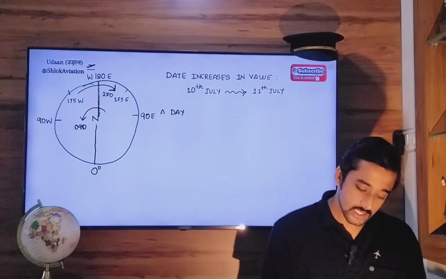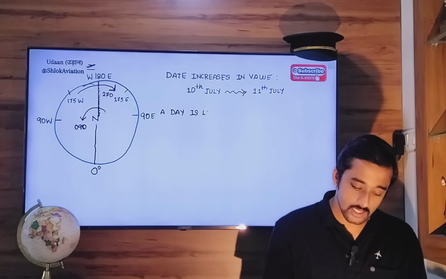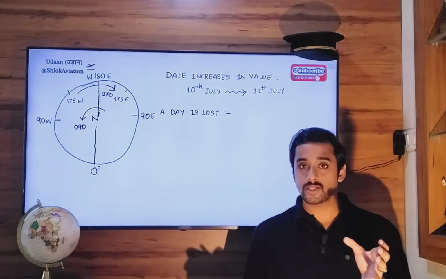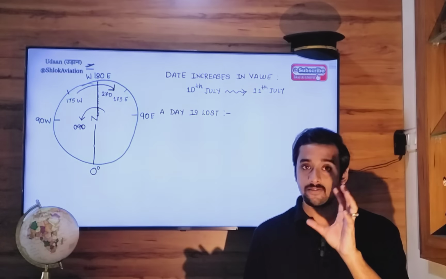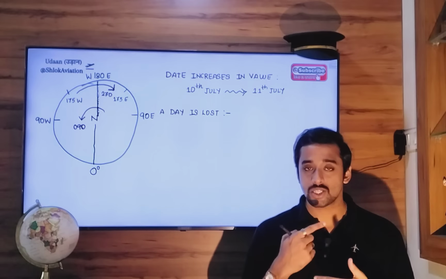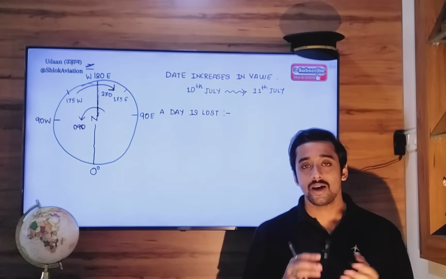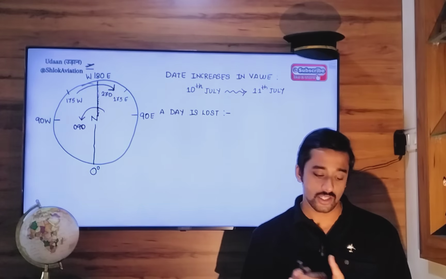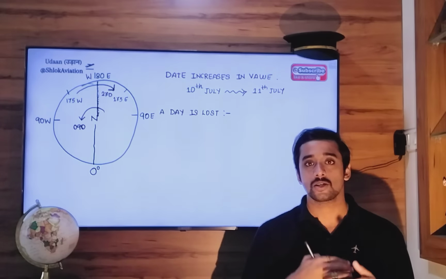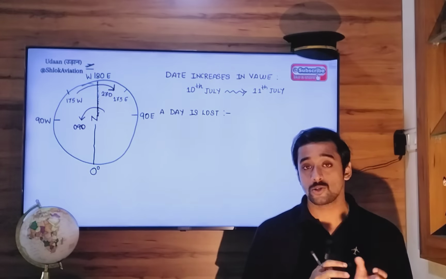A day is lost. Meaning when the date becomes 11th July from 10th July, you get thrown into an additional day, a new day, which is 11th July. That means you have been pushed to a future date.